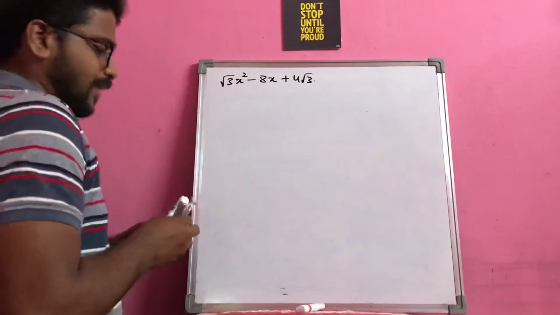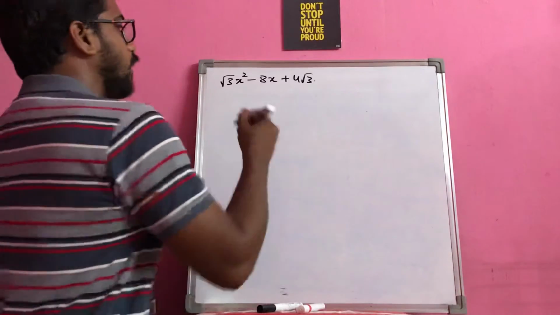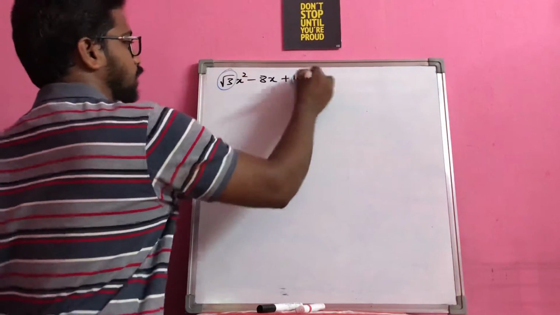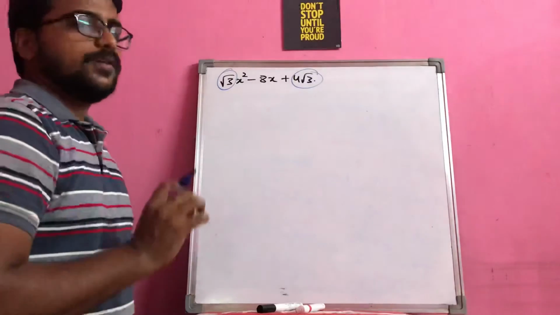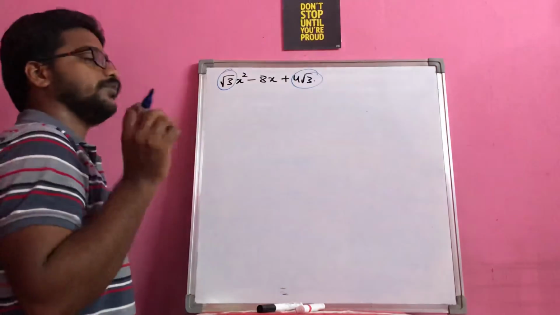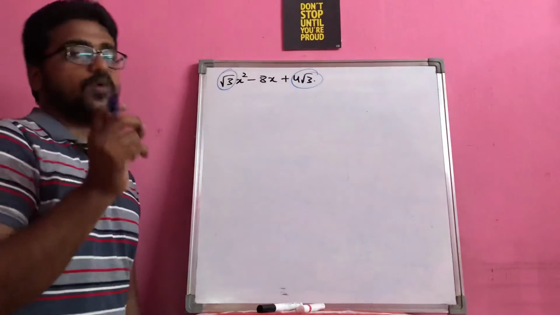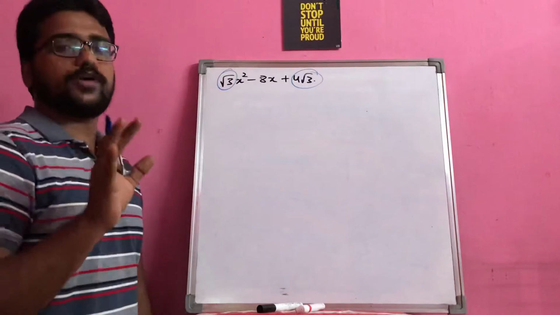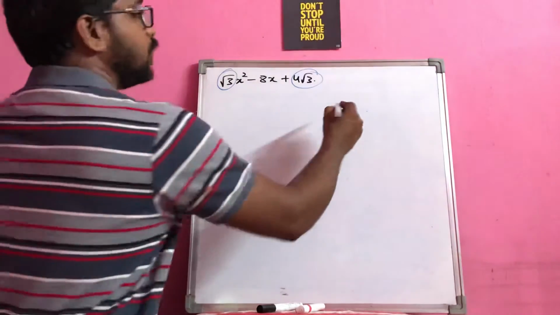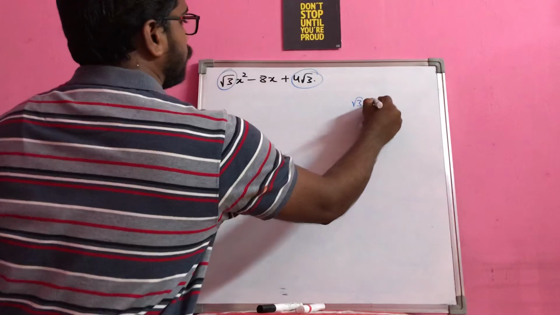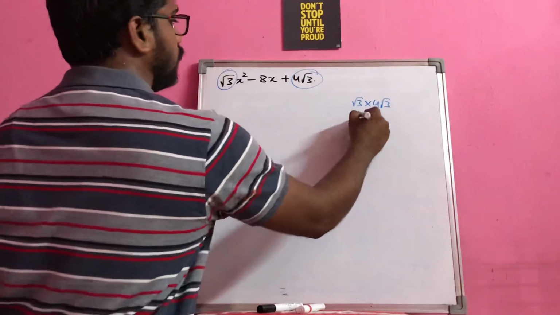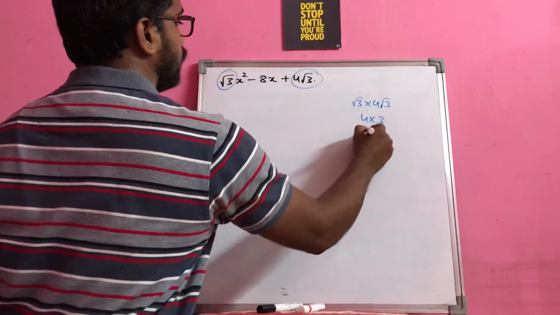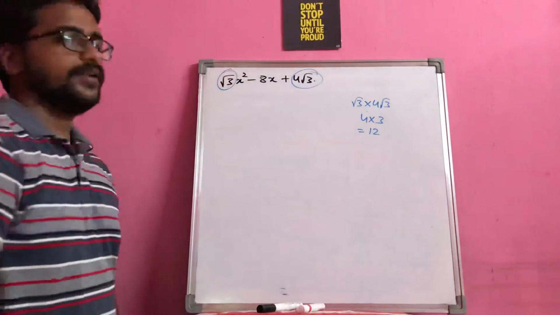So again, though we have irrational numbers here, you need not worry about that. Whatever procedure we learned for factorizing a quadratic polynomial, the same approach we are going to follow, right? So we take the product of root 3 into 4 root 3, that is 4 into 3, this is 12, right?